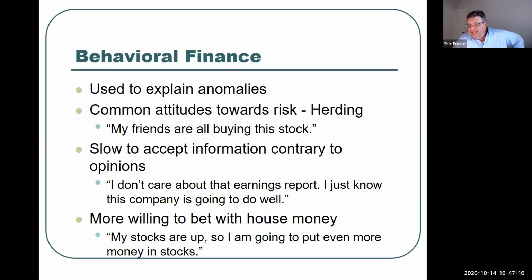And predictably, this usually does not do so well. We think it's part of the reason we have stock bubbles sometimes, where stock prices start going high to astronomical levels and everybody you know is talking about stock investing. That's a good indication that the bubble is imminent and it's going to burst.